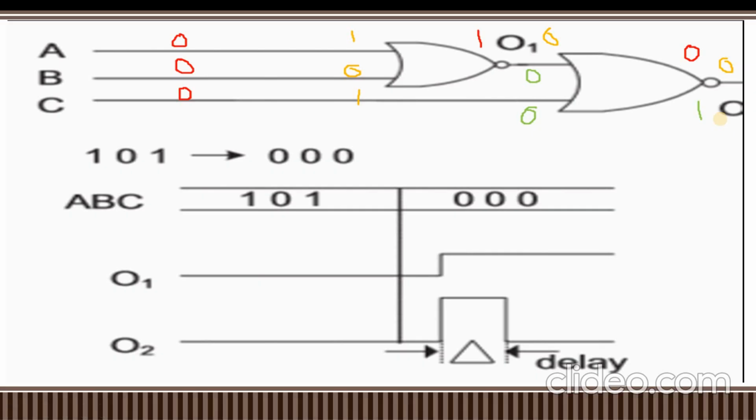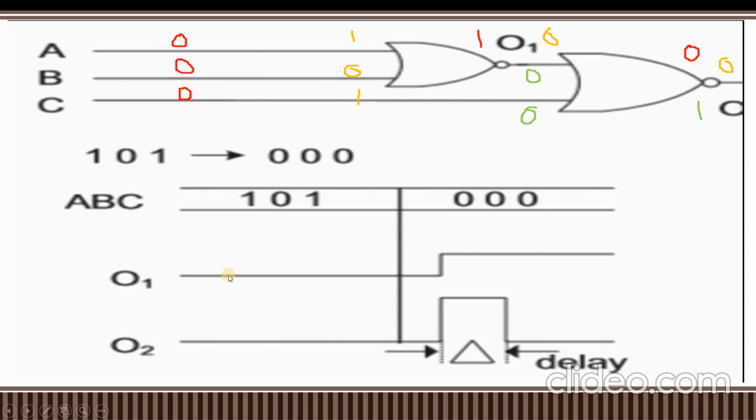If I consider unit gate delay, the output is delayed, and as a result the output switches to logic 1 for one gate delay duration. Initially it is 0.